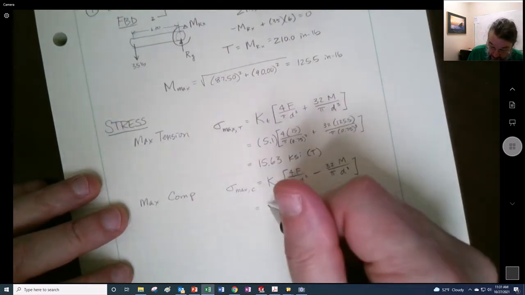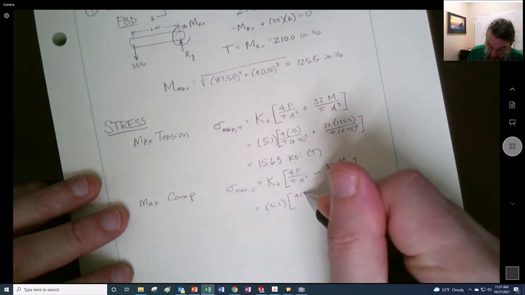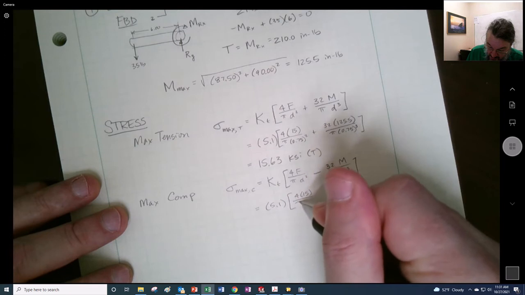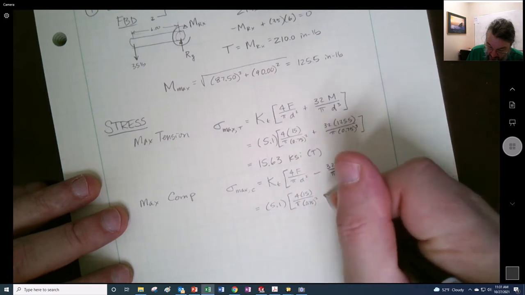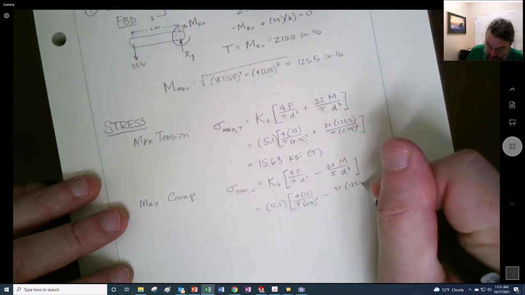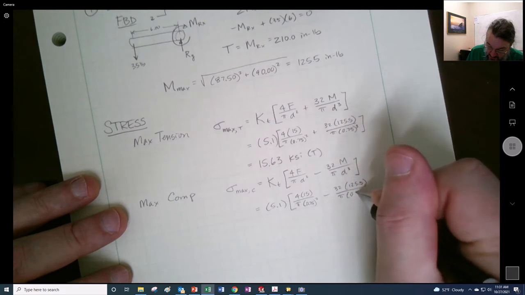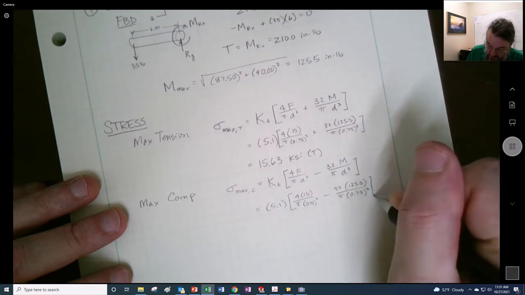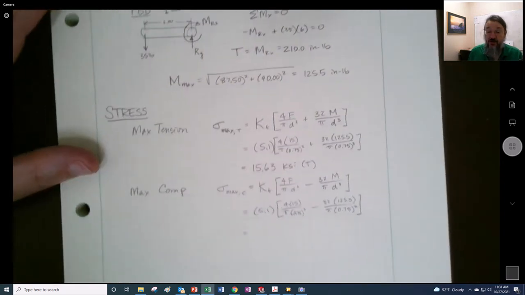Alright, and 5.1415 pi 0.75 squared minus 32, 125.5. Is this necessary? I don't know. I could have done this so much more briefly, but I didn't.